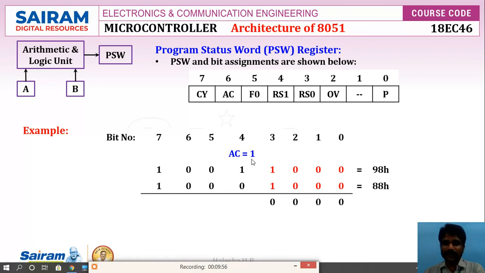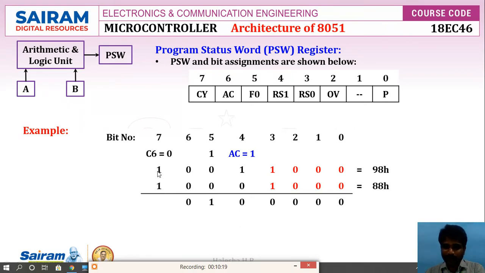In the continuation of addition, again 1 plus 1 is 0, carry 1. Again here 1, carry 0. Here 0 plus 0, 0. And see C6: C6 means carry from the 6th bit. When you perform addition of the 6th bit, 0 plus 0, there is no carry. So C6 is equal to 0.